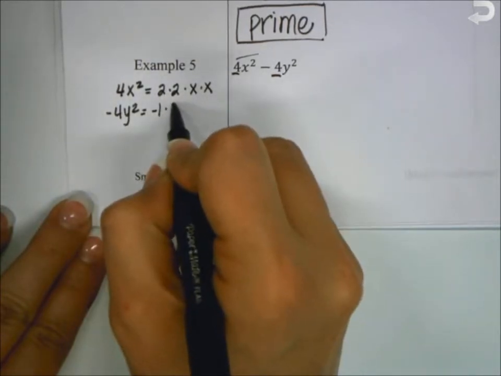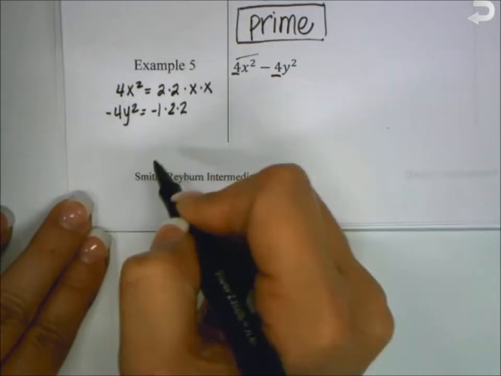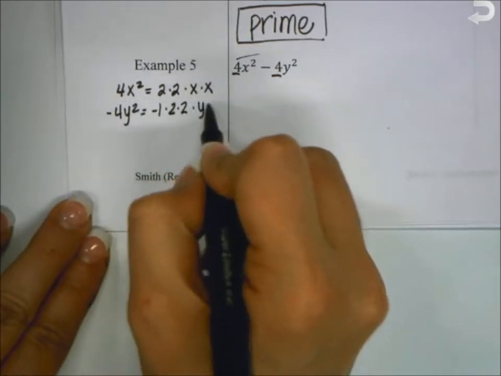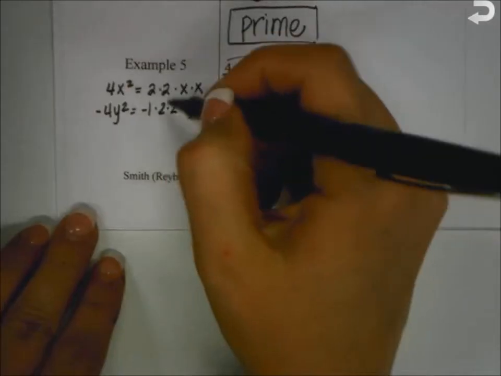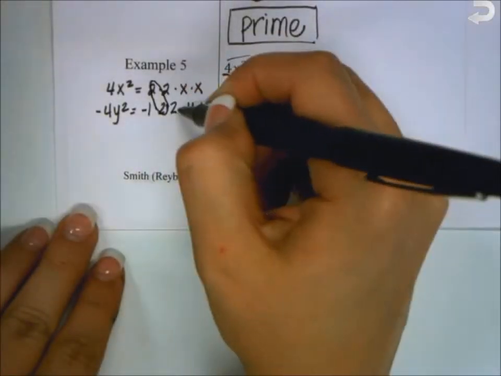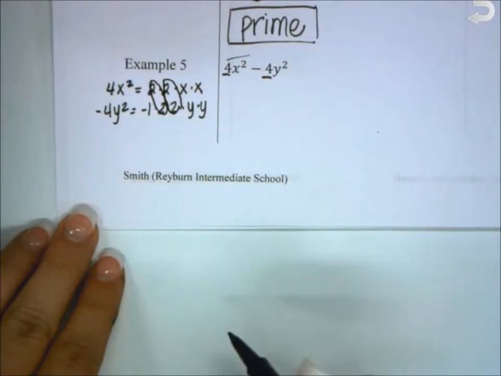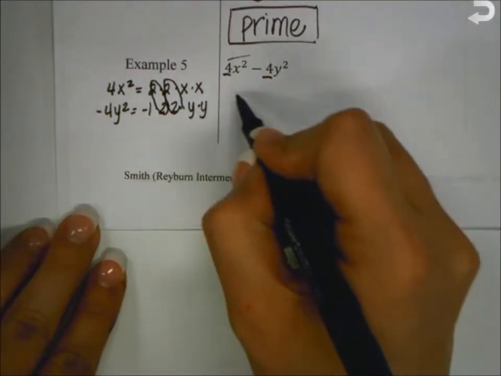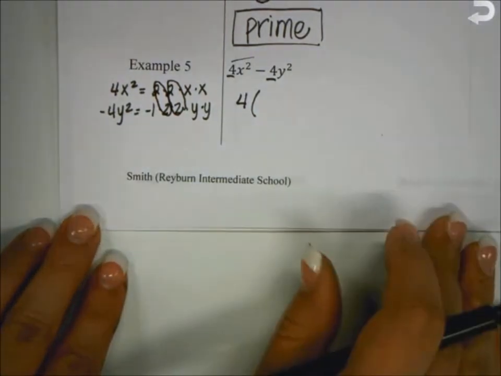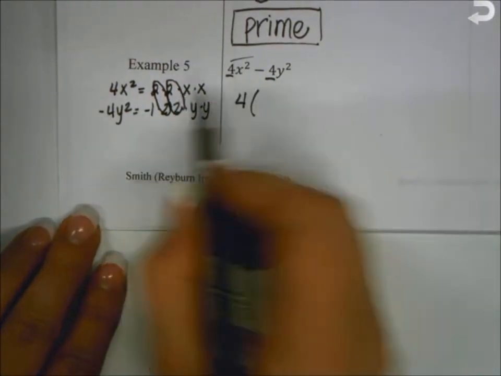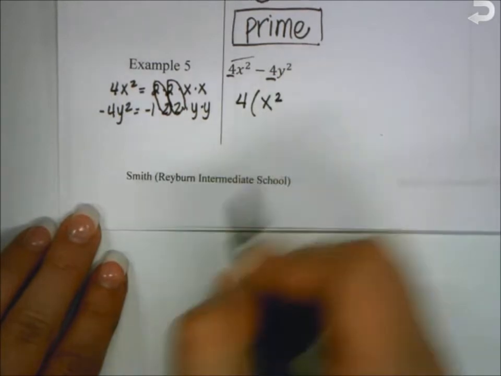What's 2 times 2? 4. So our GCF is 4. And when we pull that out, what's left over? X squared. Negative 1 times y times y. Negative y squared. So we pulled out the GCF first.